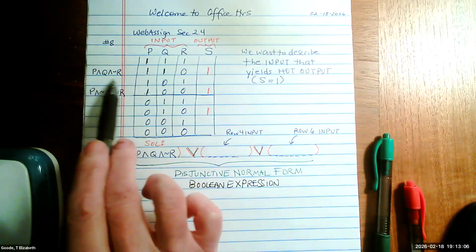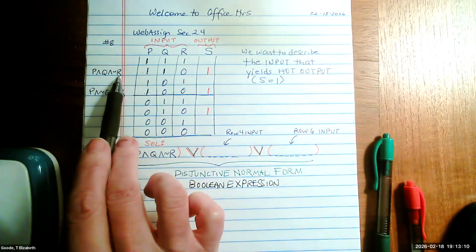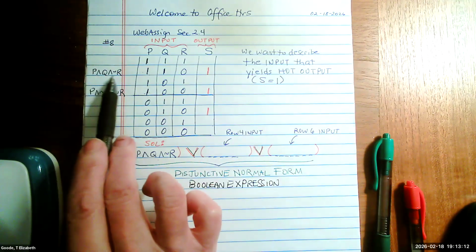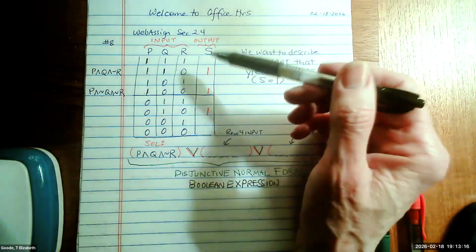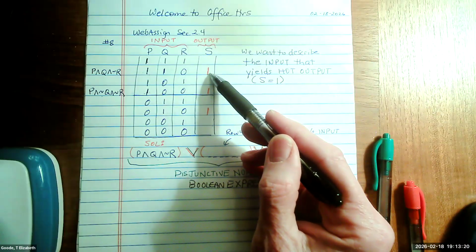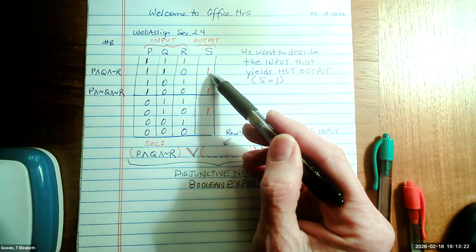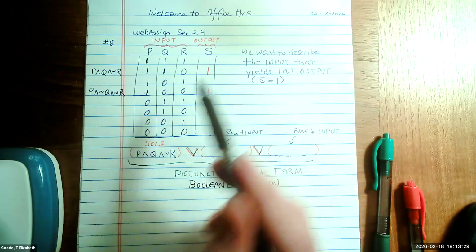So this is an input state. P and Q are hot, R is cold. If these wires are input into the circuit associated with this I/O table, the output is a hot wire, and we care only about input that yields a hot output.